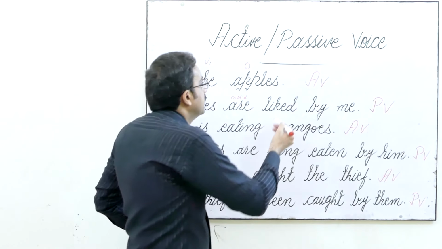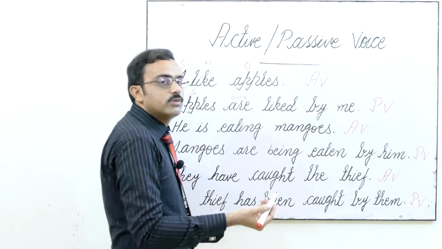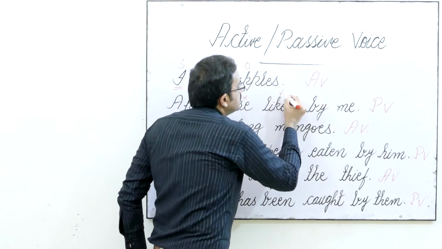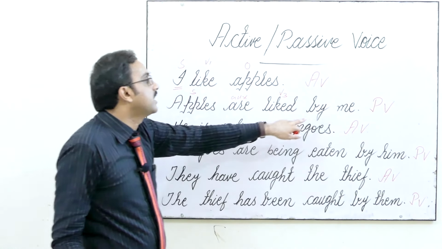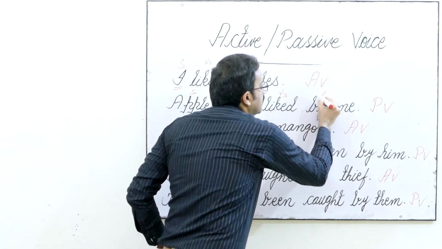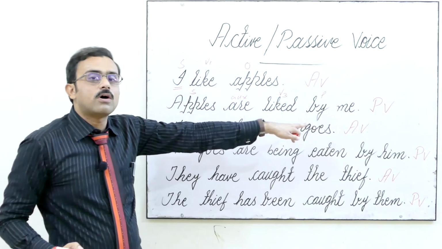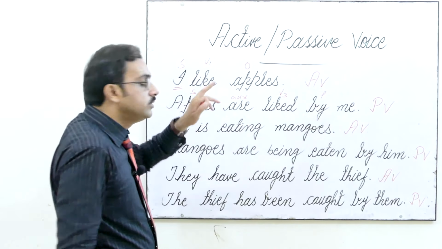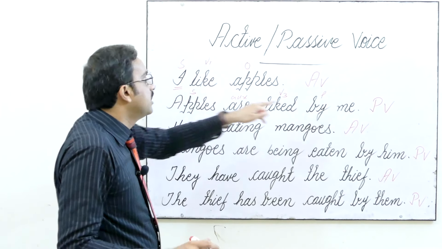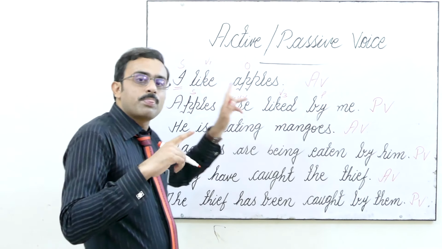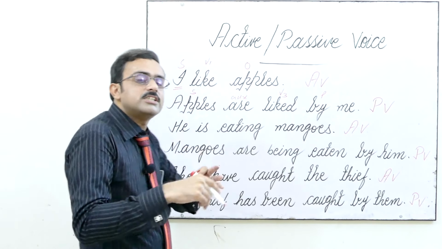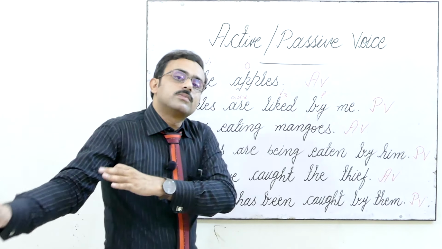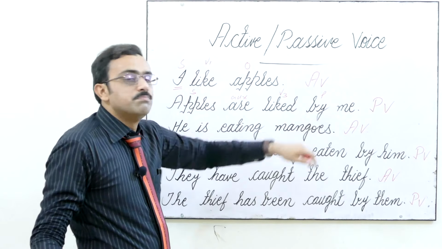I changed first form V1 into V3, means third form of verb, past participle. Then I used the preposition by because there was an object, and I changed I into me, means the subjective case of I changed definitely into objective case, me.